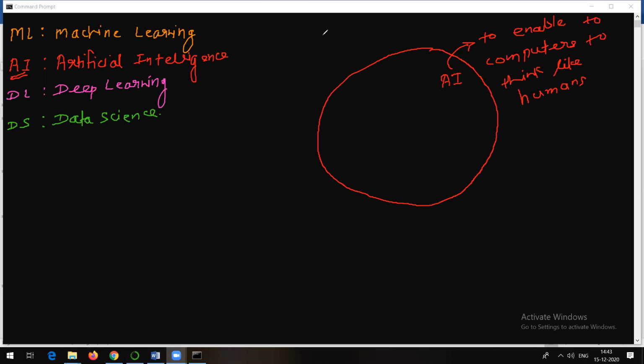Now, as our topic is machine learning, let's see where machine learning is going to come into the picture, as we are talking about artificial intelligence. If AI is clear, that it is nothing but enabling computers to think, now let's see where ML fits. ML is going to be inside AI. ML is actually a part of artificial intelligence.